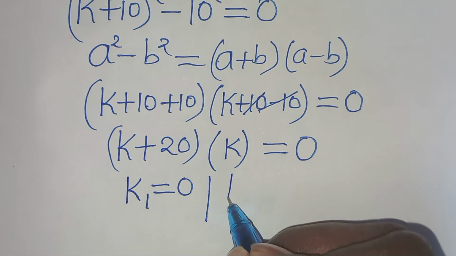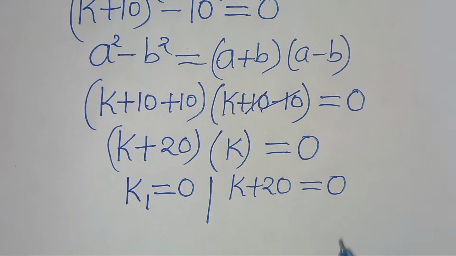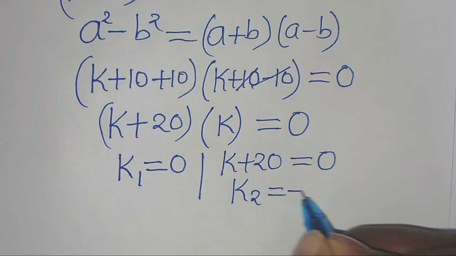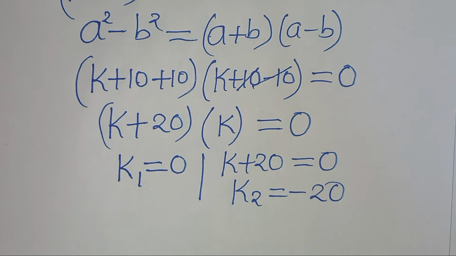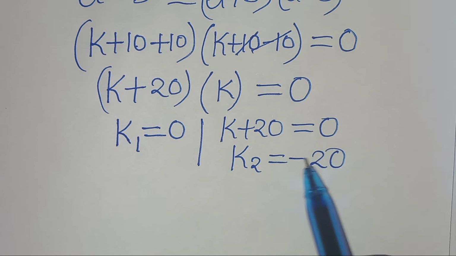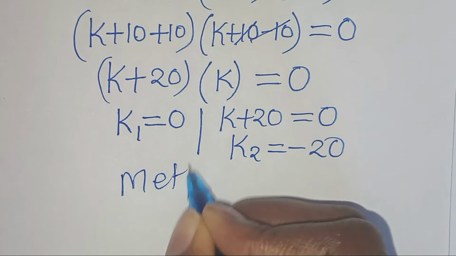The second part is k + 20 = 0, so k2 = -20. So we have two values of k: k1 is 0, k2 is -20. Let's proceed to method 2.